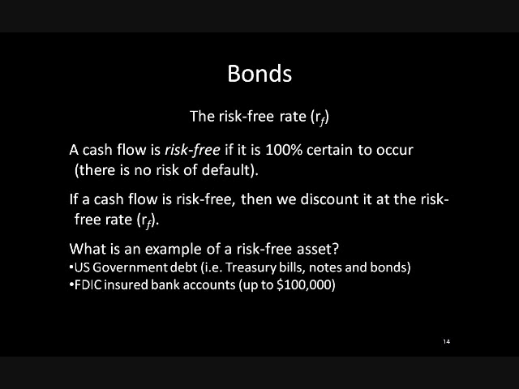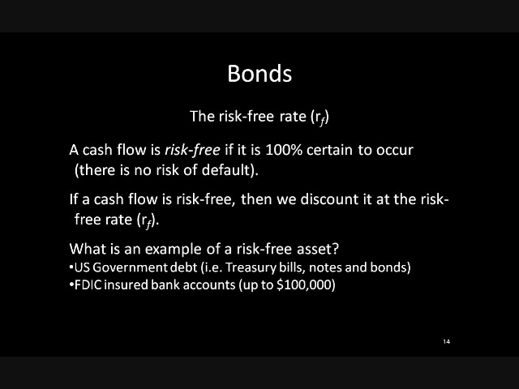So let's say you have a bank account with Harris Bank in Chicago, and you have $100,000 in there. Well, Harris Bank could go out of business, but the federal government is going to guarantee your bank account. So if Harris Bank goes out of business, the federal government steps in and makes up the difference to you.